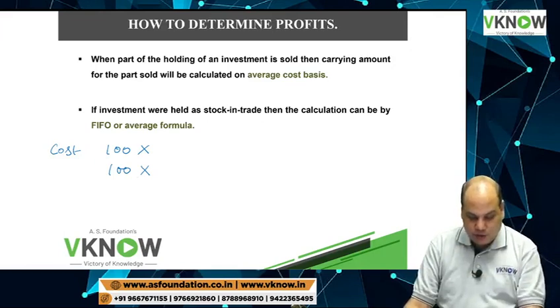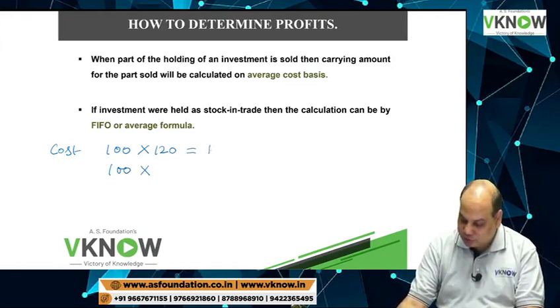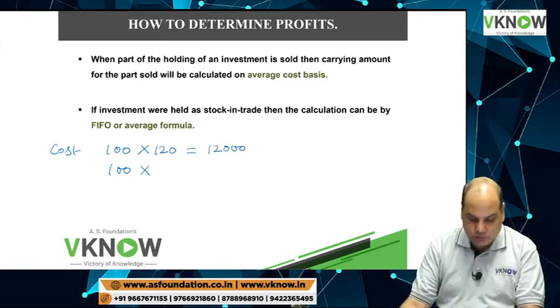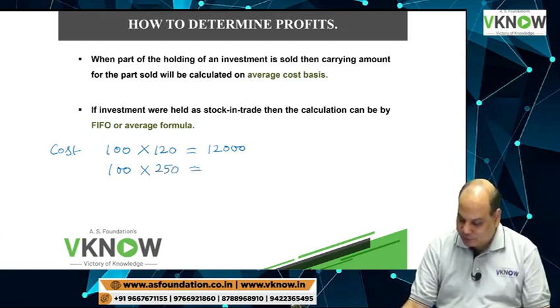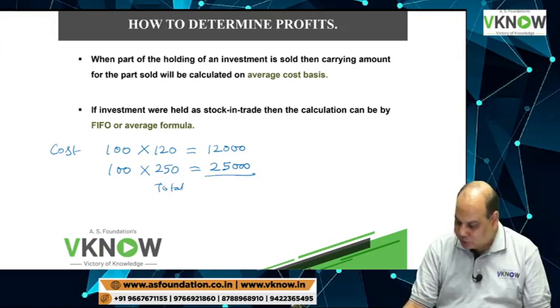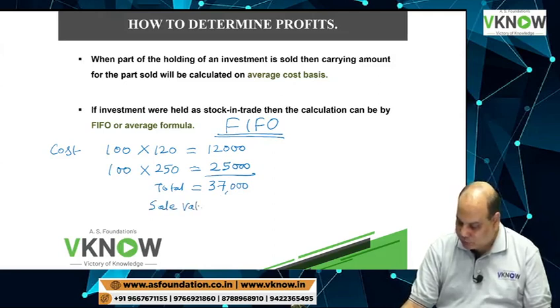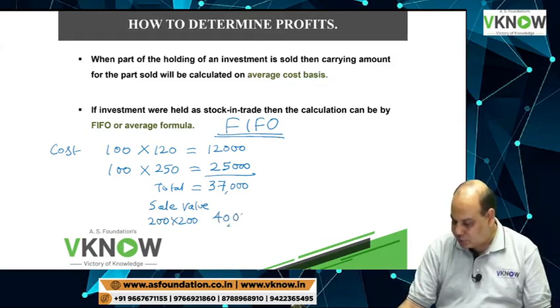So can you please tell me what was the first lot? 100 into 120, 12,000. And what was the second lot? 250 rupees. 100 into 250, that is 25,000. So my total cost of investment sold is 37,000 and my sale value is 200 into 200, which is 40,000.